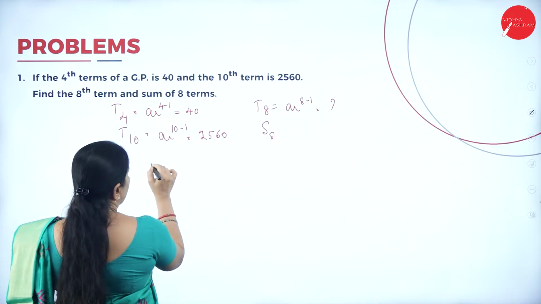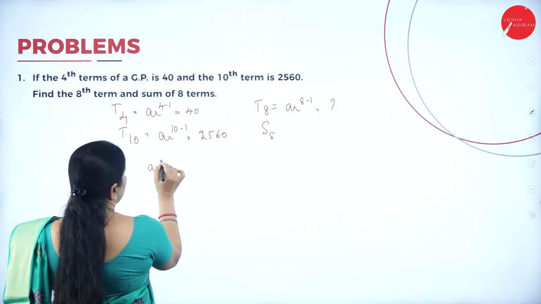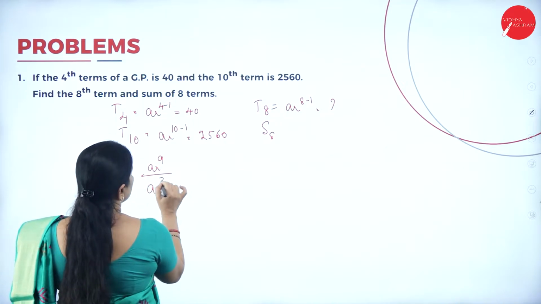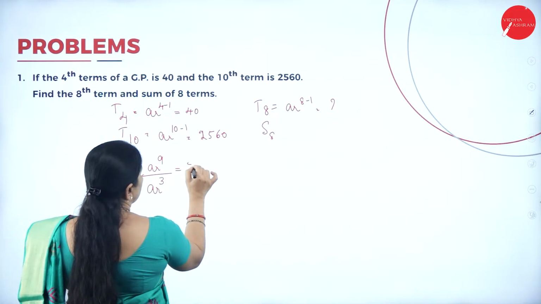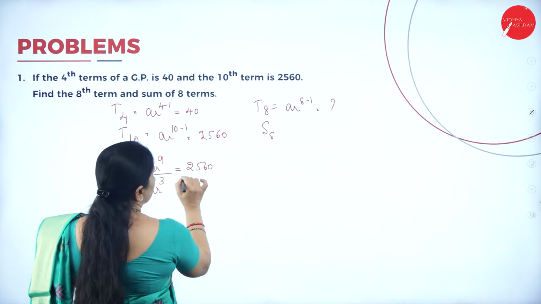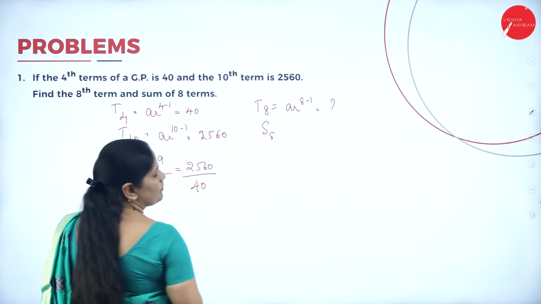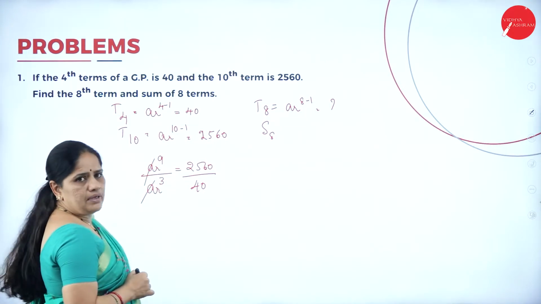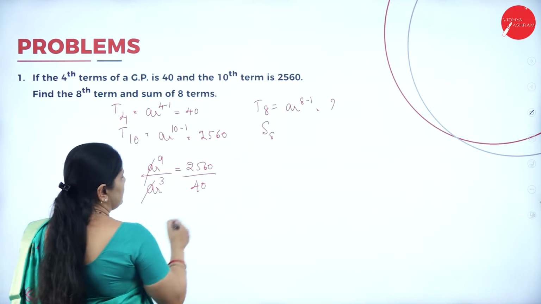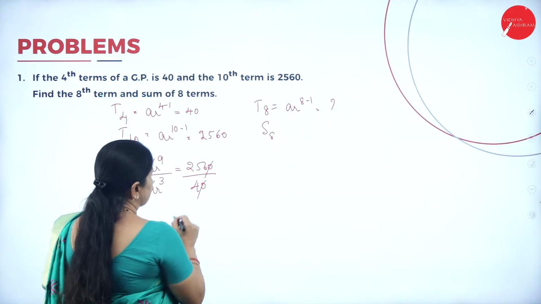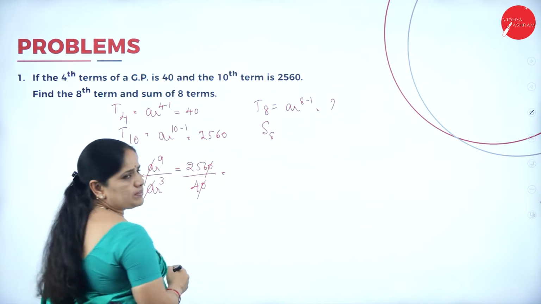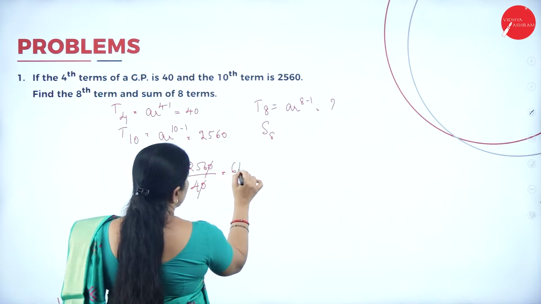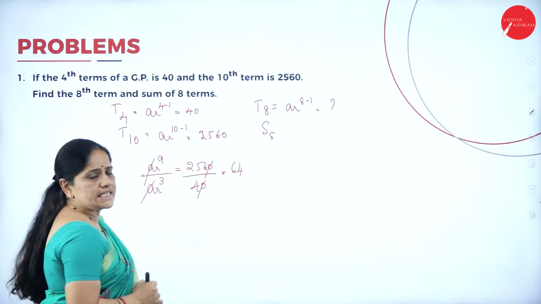So I will write ar to the power 9 by ar to the power 3 equals 2560 by 40. Now I am cancelling a and a on this side. Here 0 and 0 get cancelled. So I am simplifying this by dividing by 4. 4 6s are 24, 4 4s are 16.